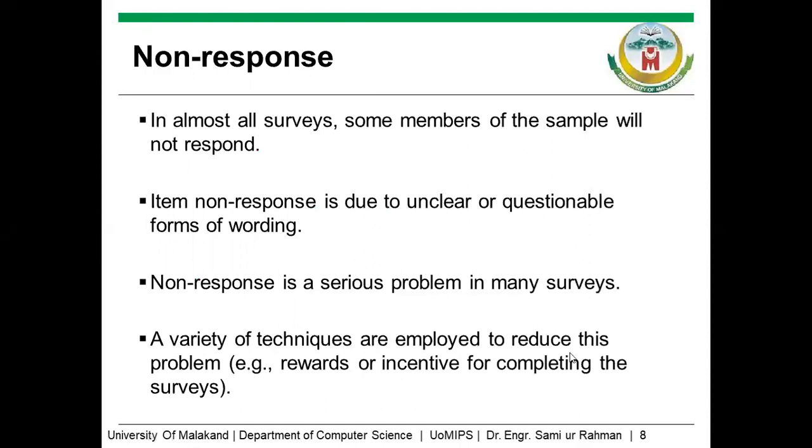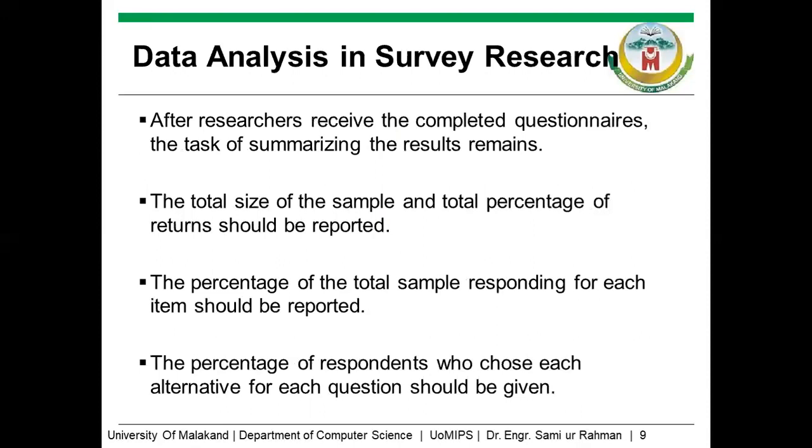A variety of techniques are employed to reduce this problem, for example, rewards or incentives for completing the survey, because in most cases people don't want to waste their time on these surveys, because they have no interest in these things. So then the researchers have to try alternate techniques so that they can get the maximum response from the people.